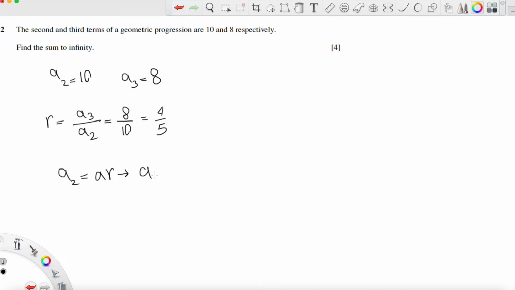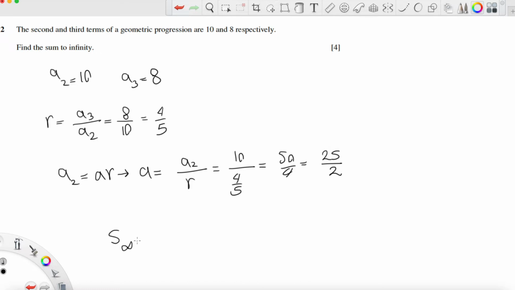So in order to find the first term, we can write a equals the second term over r. a2 is given as 10, divided by 4 over 5, which simplifies to 50 over 4 or 25 over 2. So it is the first term of this progression.